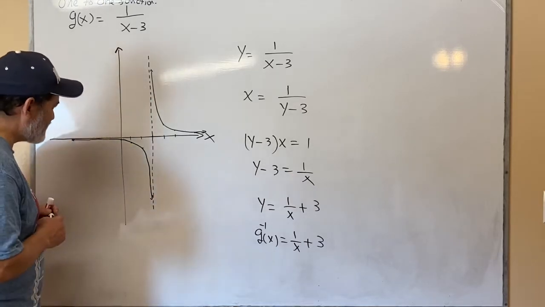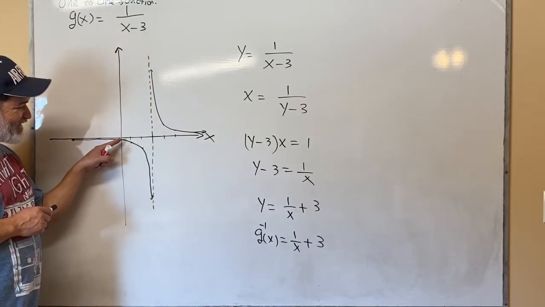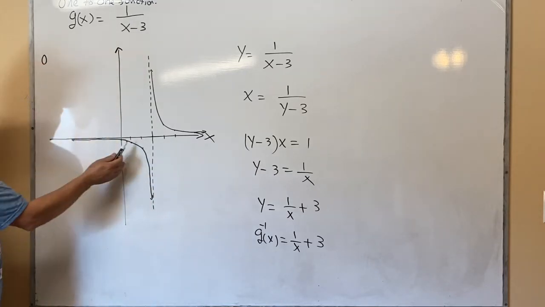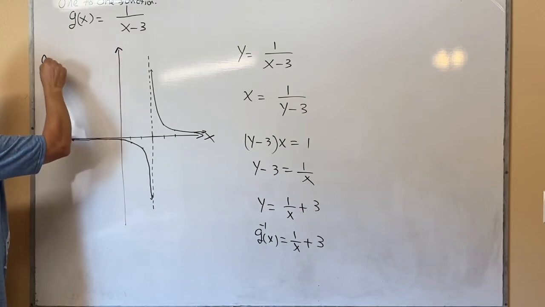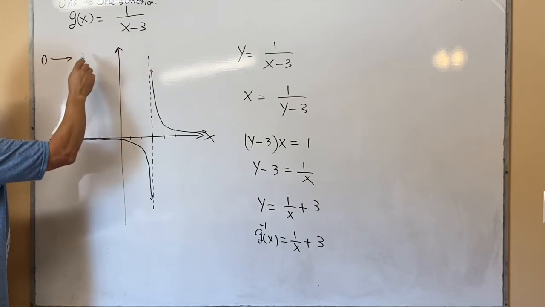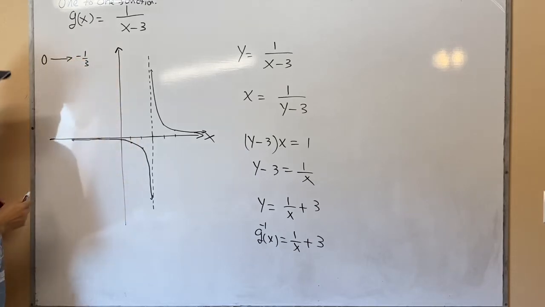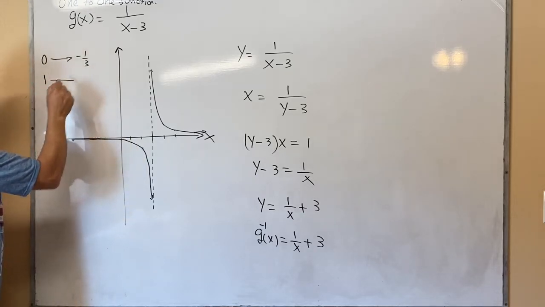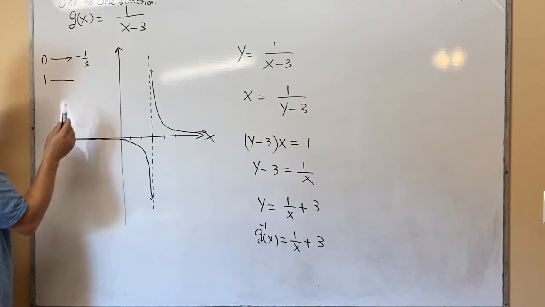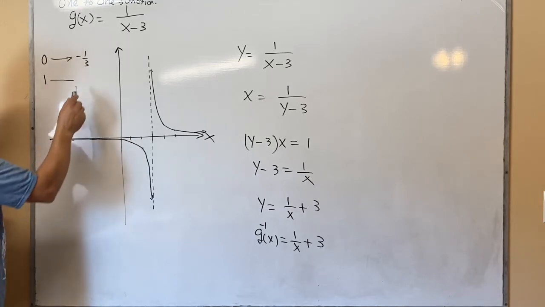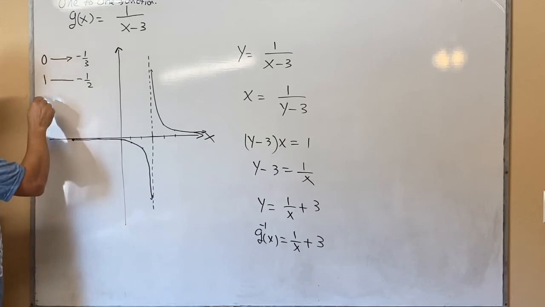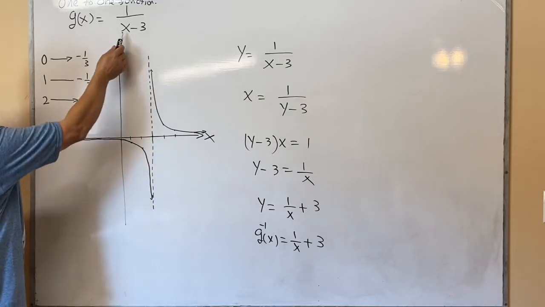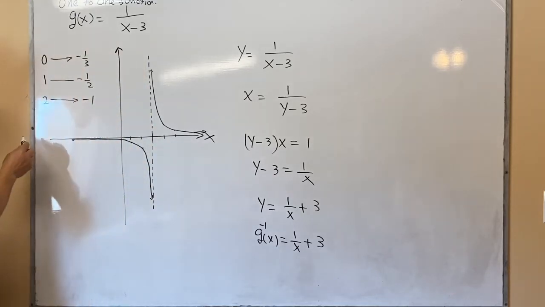For this function, x equals 0 is paired with negative 1/3. x equals 1 is paired with negative half. x equals 2 is paired with negative 1. x equals 3 doesn't exist.